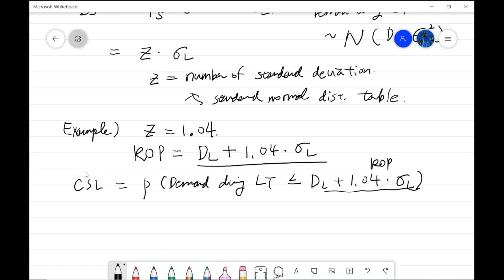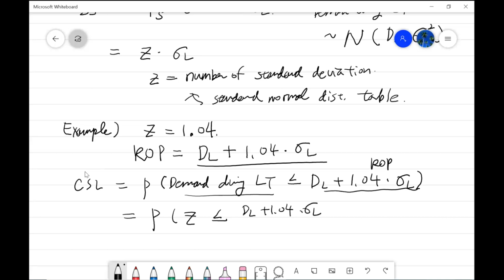Then, because demand during lead time follows the normal distribution, to get this probability I have to standardize it to use a standard normal distribution table. That becomes G is less than DL plus 1.04 sigma L, that is the reorder point originally.